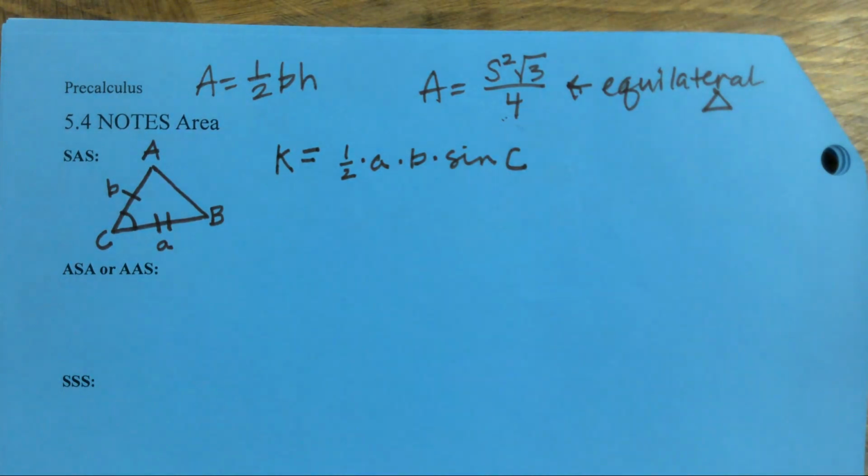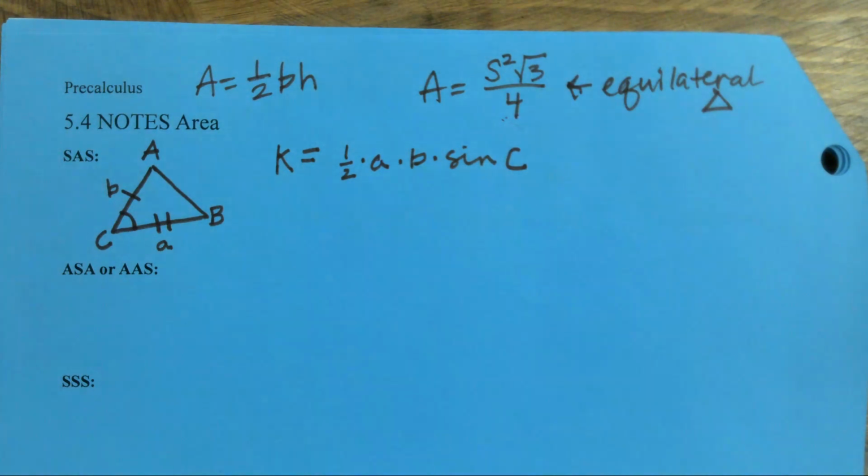It's another thing that I'm not 100% sure why, and I should have at this point probably looked it up, but I never have. But K is what we use for our area. So if I'm given side, angle, side, and again, if I label my triangle as so, I have A, I have B, I have angle C, I can just plug them all together into that formula.